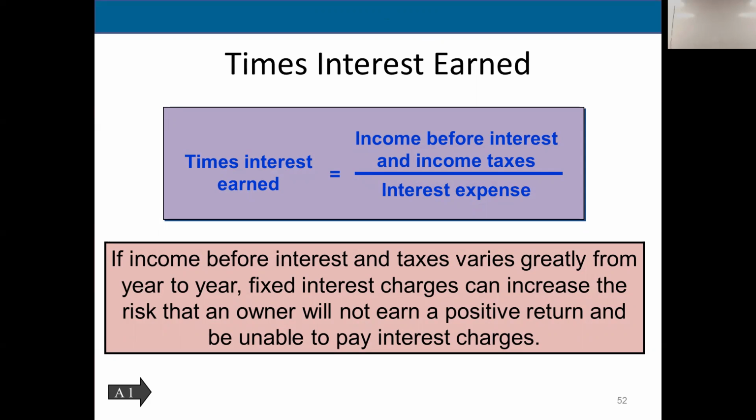The times interest earned is income before interest and taxes divided by the interest expense. How efficiently are we managing that debt? So remember, how efficiently are we managing that liability that's accruing our interest expense?